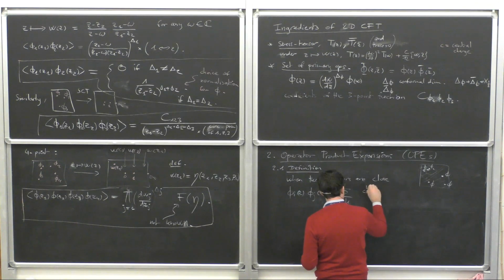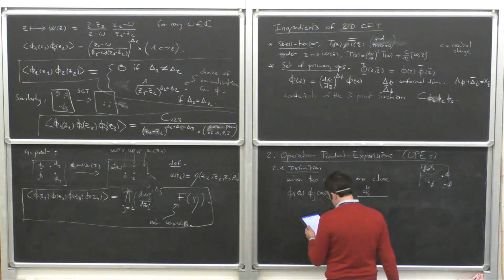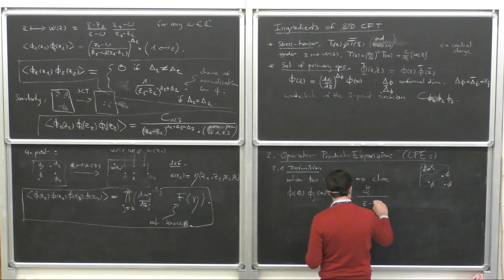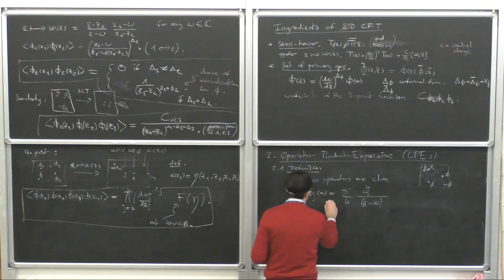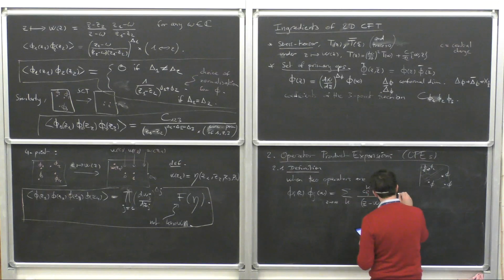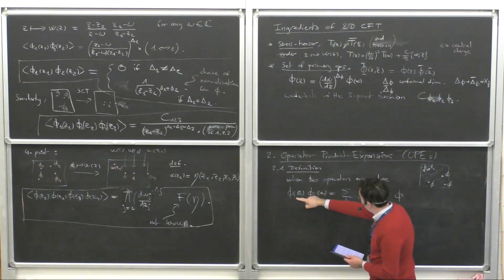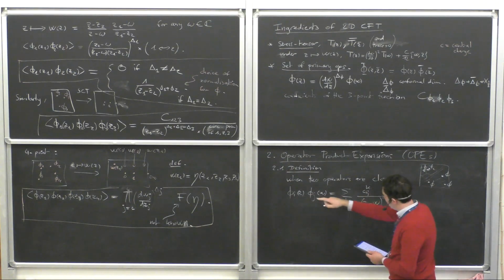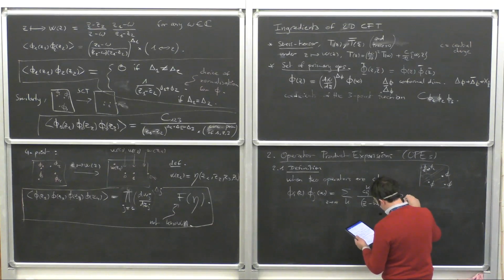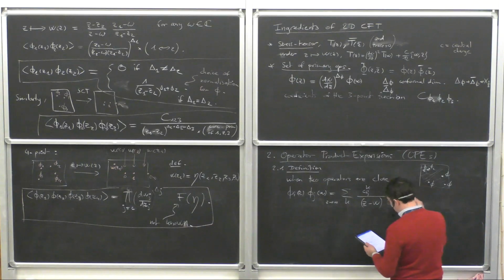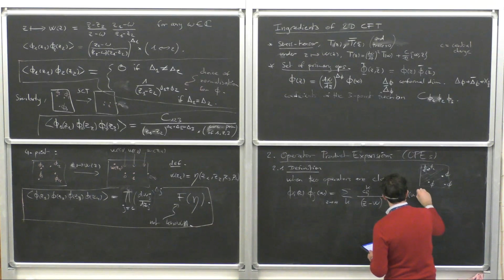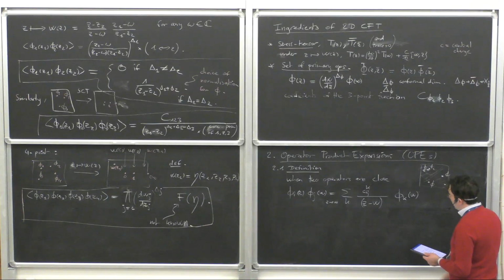Something, let me write it as this, with some coefficient c_ijk. So when z is close to w, then you want to be able to replace the product phi_i times phi_j at positions z and w by a single operator. Let's call it phi_k. Phi_k in general is different from phi_i, phi_j, and there's a sum over all these terms. So there are many different operators that can appear.